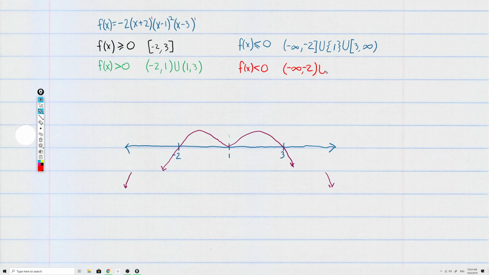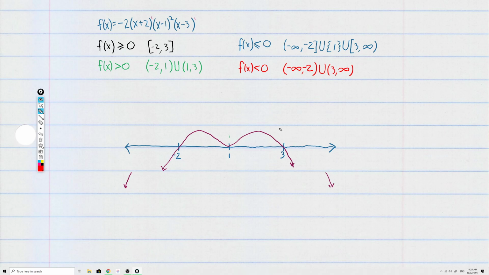So I don't include the number 1 because the function is equal to 0 there, and I can skip over and go from 3 to infinity, not including the endpoint at 3 because the function is equal to 0 there.